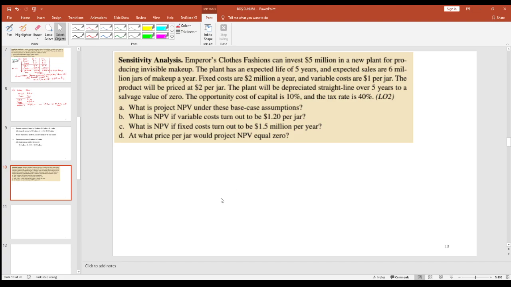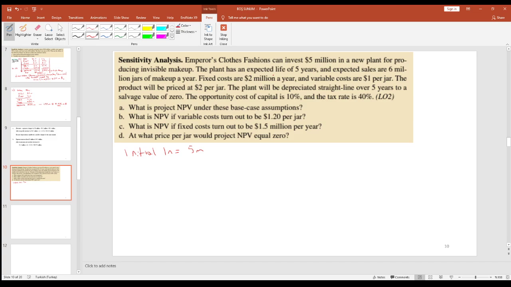So another problem here we have about the gain sensitivity analysis, but now we have more details. Emperor's Clothes Fashion can invest 5 million in a new plant for producing invisible makeup. So initial investment in this case is 5 million.